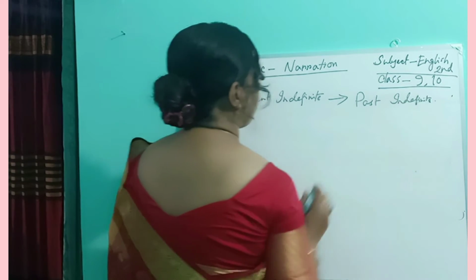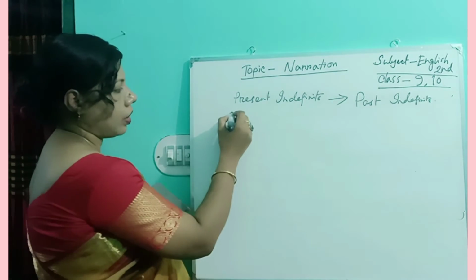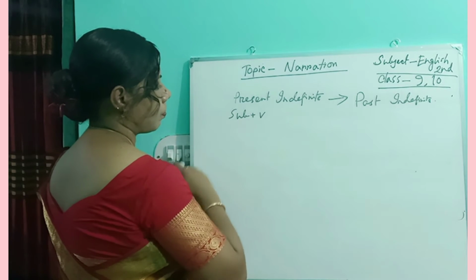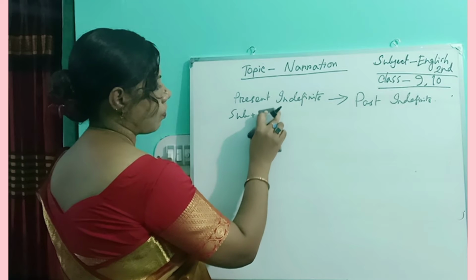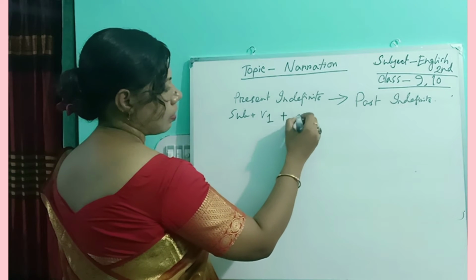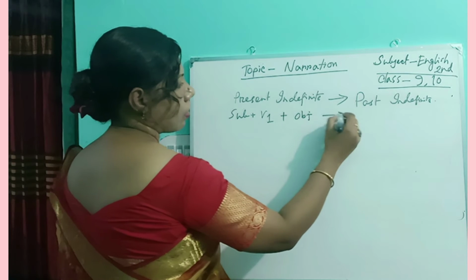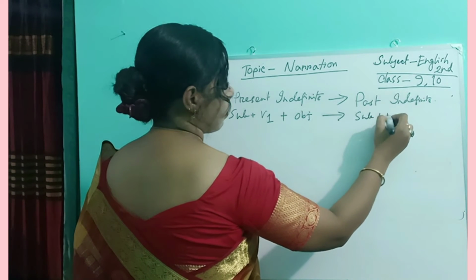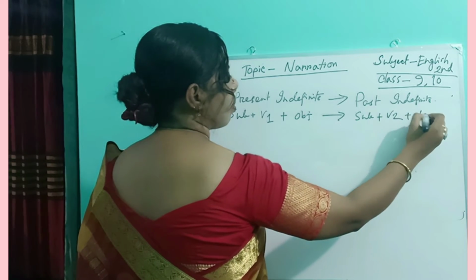We know the form of present indefinite: subject plus verb 1 plus object; past indefinite: subject plus verb 2 plus object.